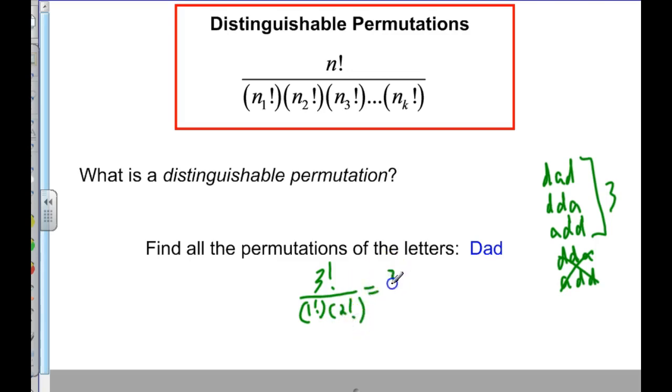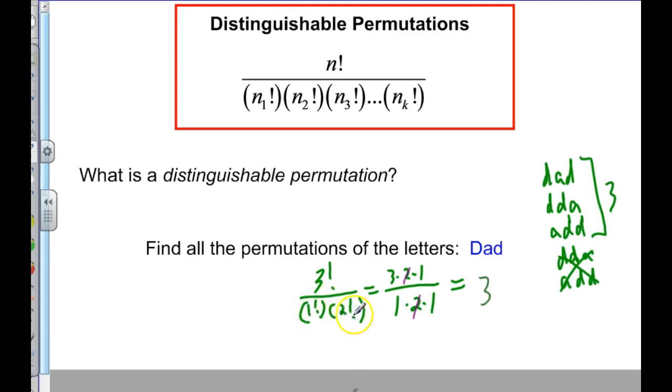So this ends up being 3 times 2 times 1, you can type that in your calculator if you want, over 1 times 2 times 1. You can see that the 2's cancel, and you're left with 3 over 1, which is 3, the same answer. So you get the same answer doing it this way, just a little bit tougher.